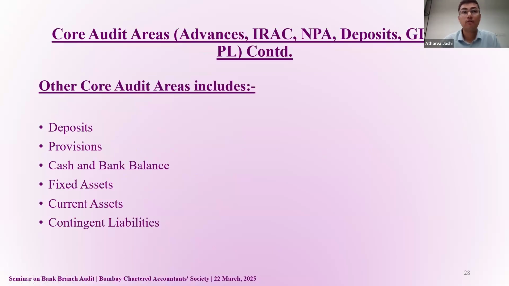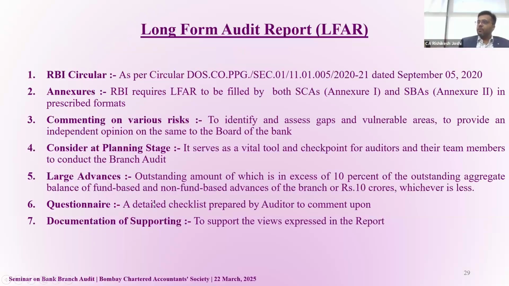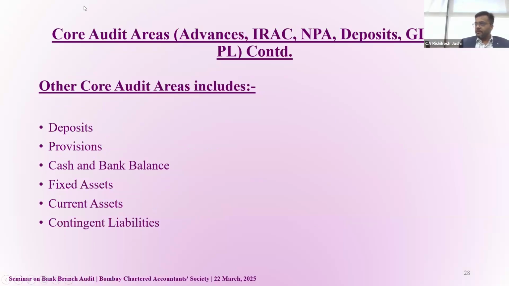But as the motive of today's session is to focus more on the advances portion, we shall be covering more about advances. Correct. So typically, when you go for your branch audits, you will be asked to verify the cash balances and the ATM balances. Then deposits, you'll avail a list of deposits. You will verify some samples, whether the interest that has to be charged to those deposits is correctly booked or not.